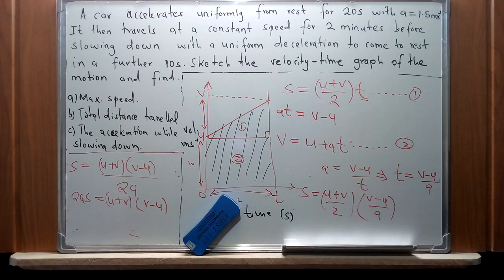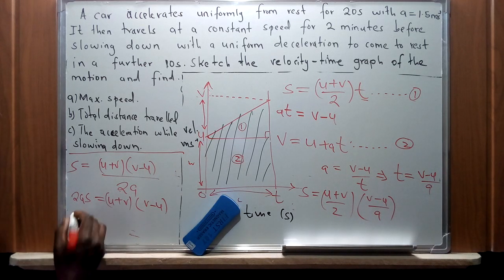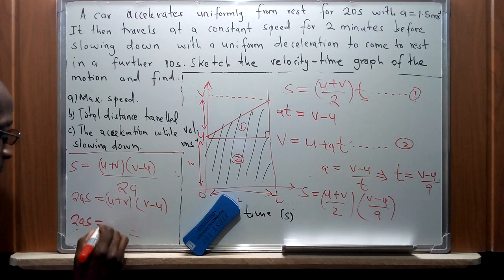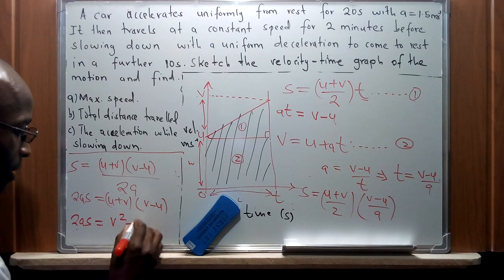So for this case, from multiplication, this one will simplify to 2as is equals v squared minus u squared.